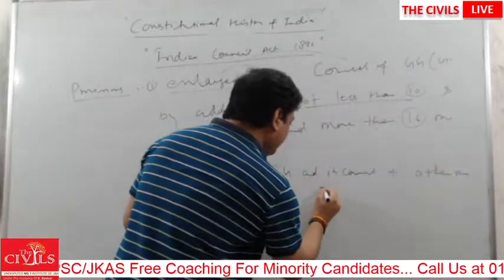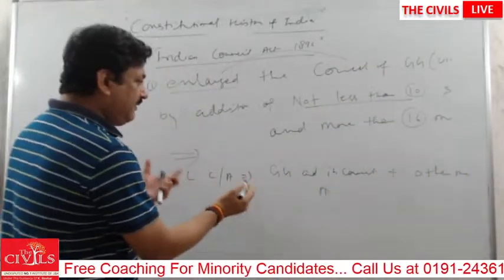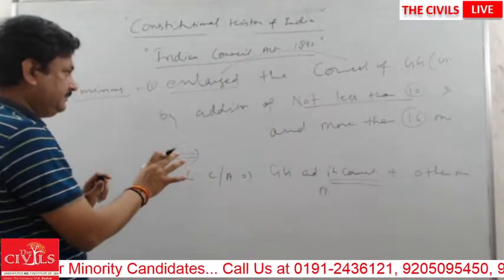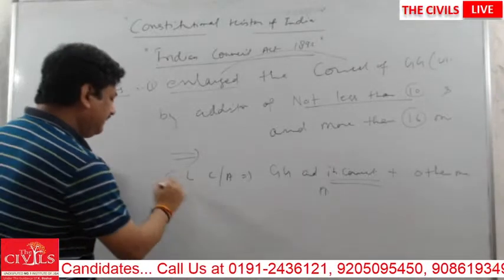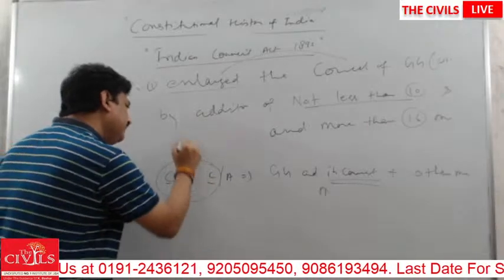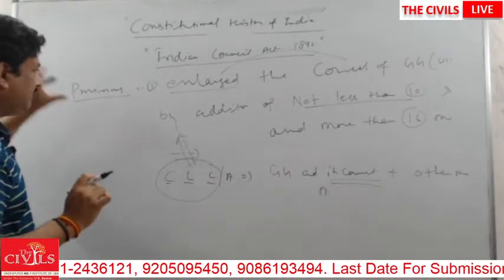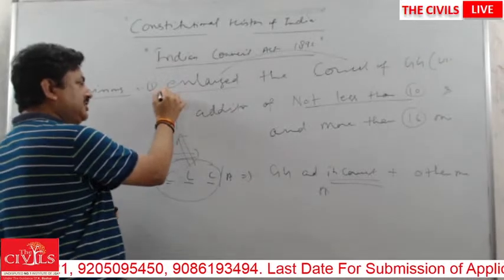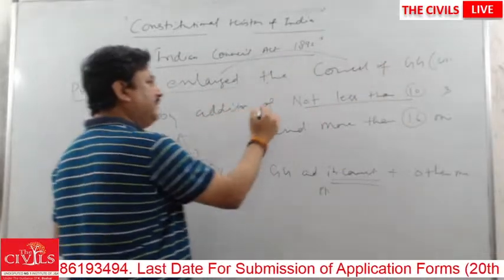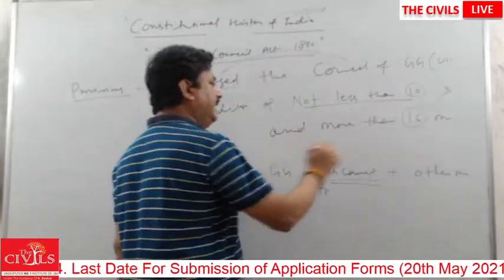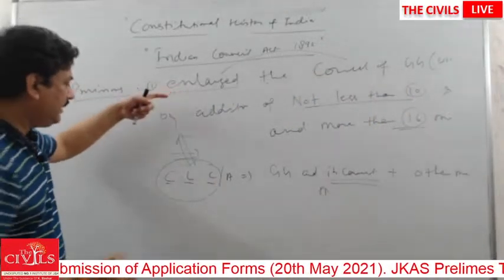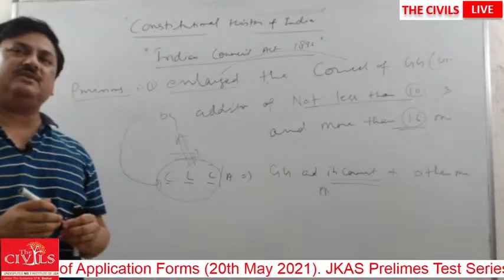So whenever the number of the Governor General's Council was increased, the Central Legislative Assembly was also enlarged. Since this was enlarged, automatically the Central Legislative Council was also enlarged.